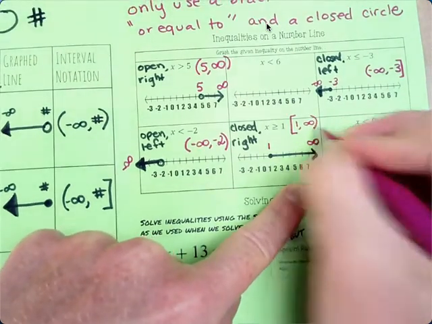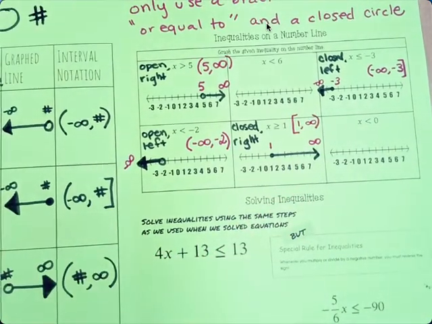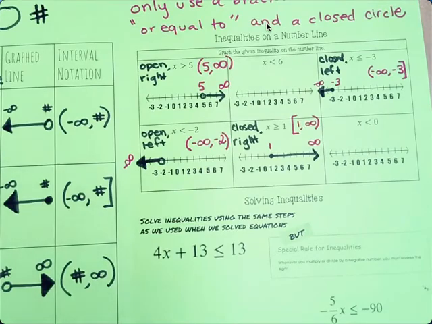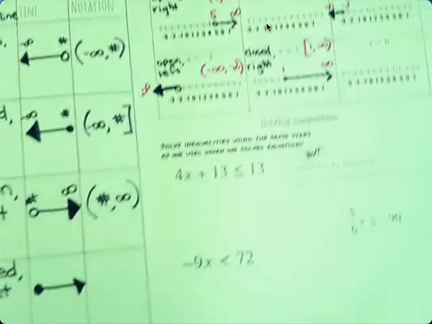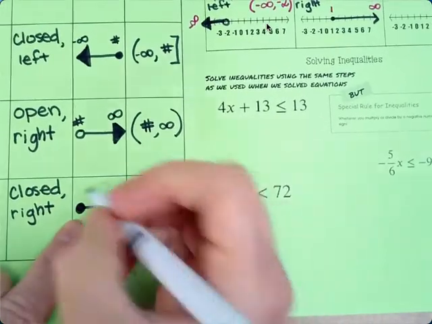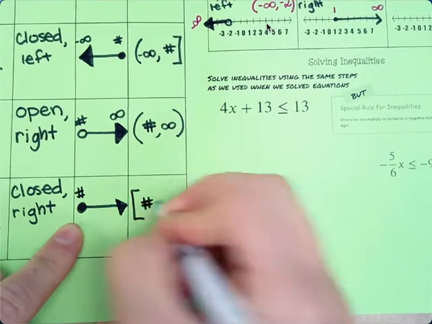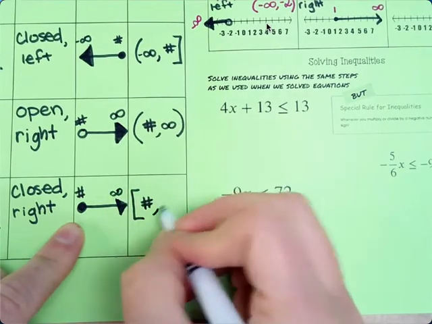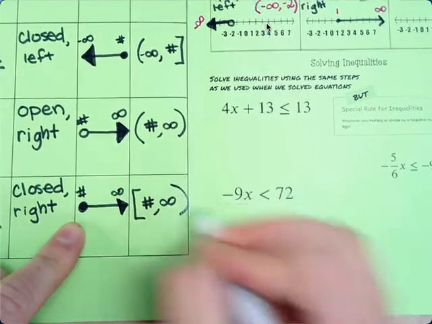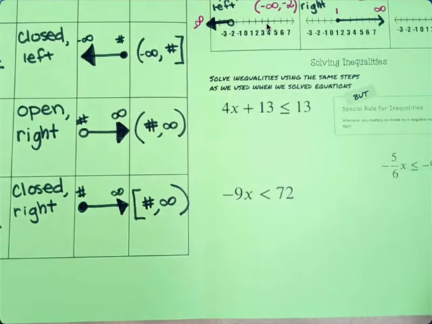Parentheses goes with infinity. So let's look here. It'll be some number, and it is included, so it's a bracket, and it goes all the way to positive infinity. Parentheses is always with infinity because you can't actually touch it.